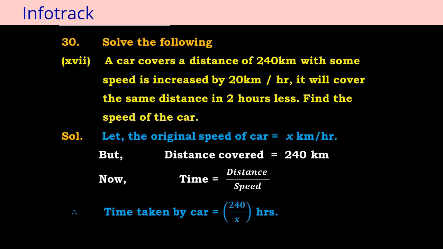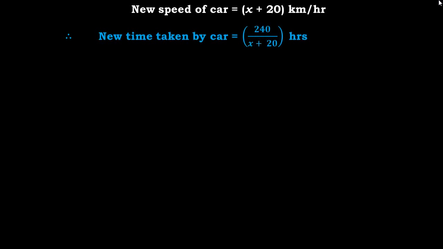Now speed is increased by 20 kilometers. So the new speed of the car is equal to x plus 20 kilometer per hour. So the new time taken by the car is equal to 240 upon x plus 20 hours.